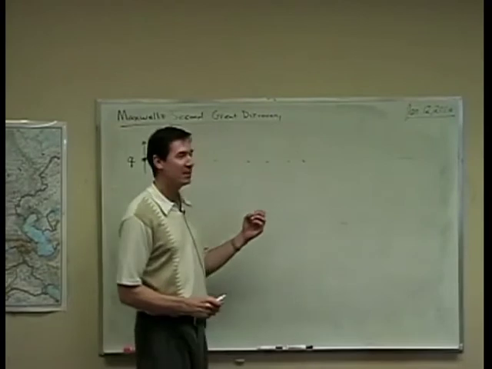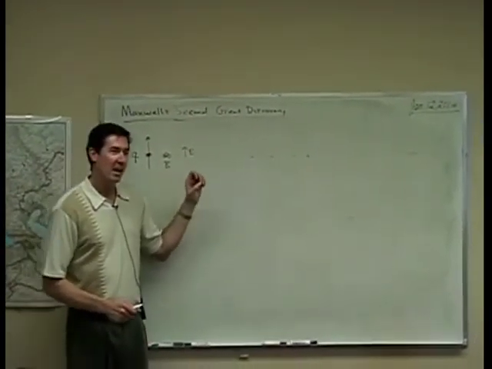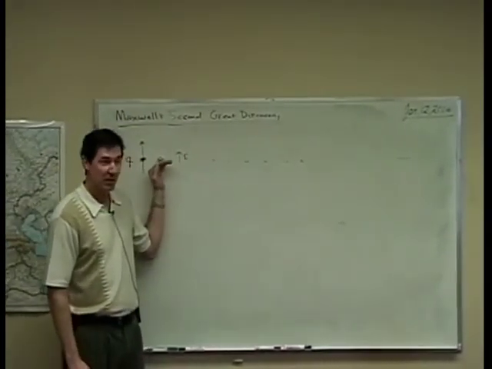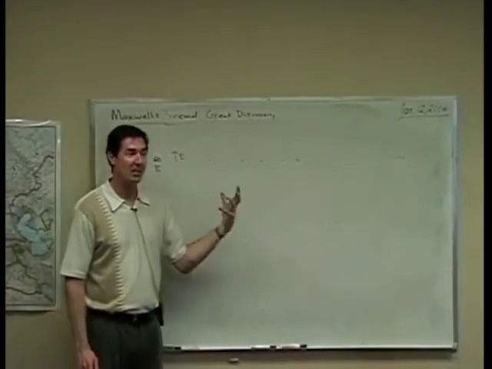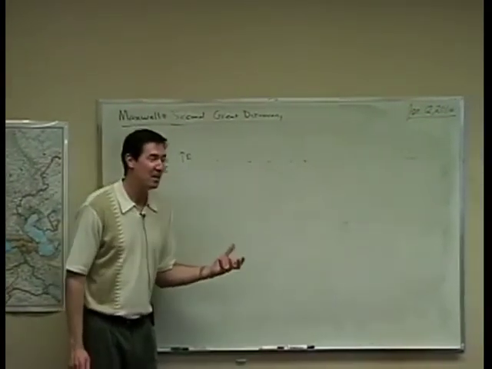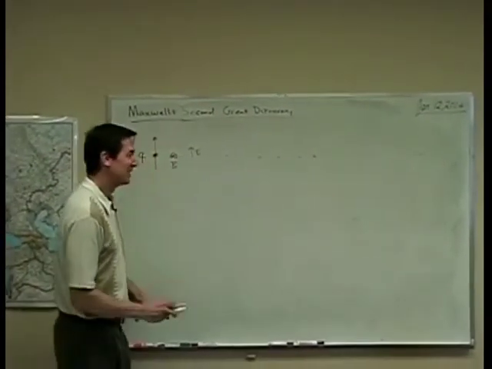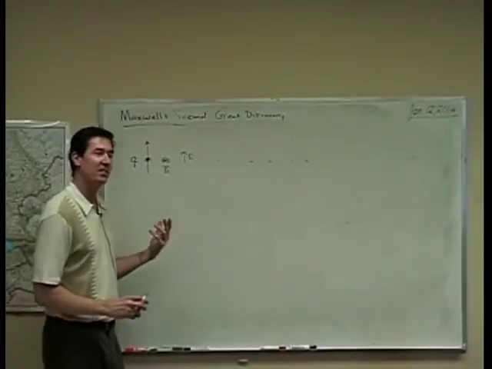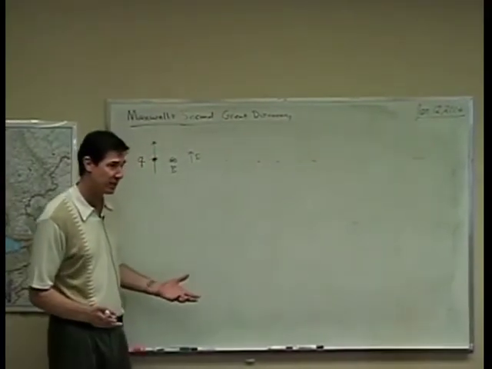But he could actually use these equations to show, first of all, that it has to lead to this wave, and secondly, he could actually derive an equation for the wave and figure out how fast it had to travel. So he does this. He starts with the equations of electricity and magnetism that you've already seen.